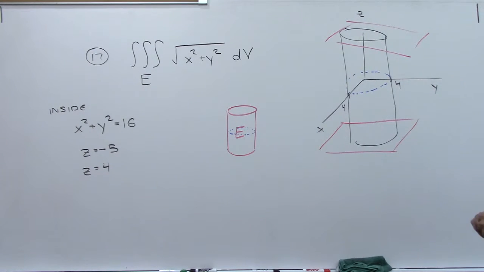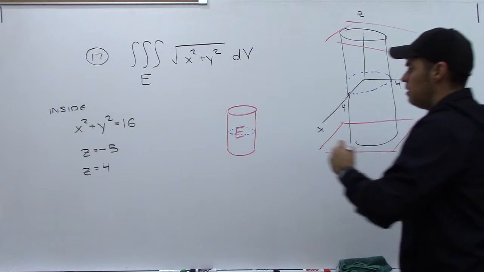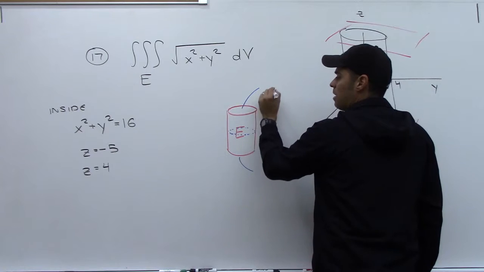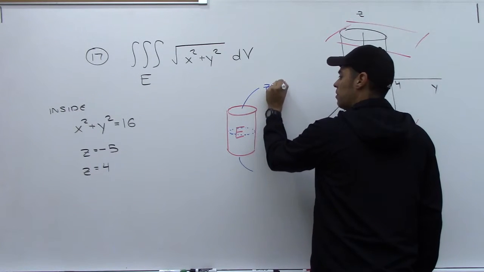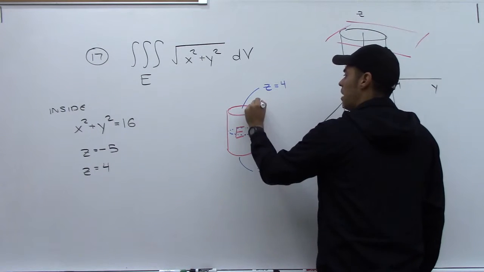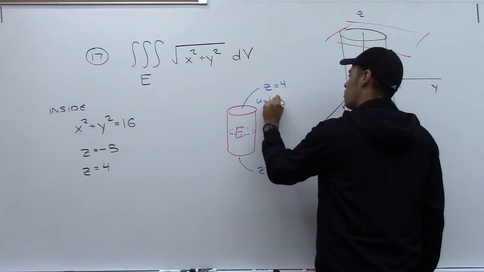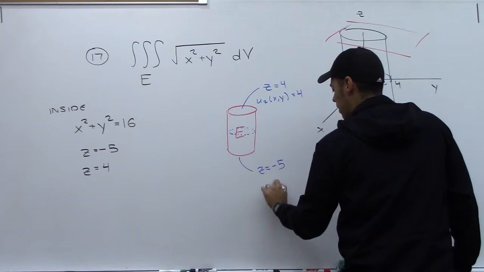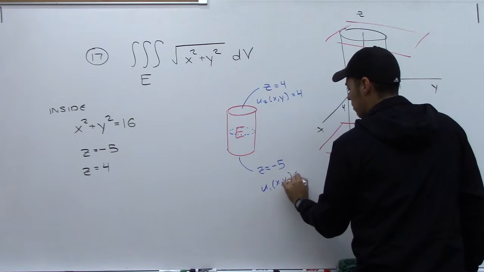So I need to find the top cap, the bottom cap of this. So the top is pretty straightforward, z equals 4, and then z equals -5. So this is my u2 of xy equals 4, my u1 of xy equals -5.